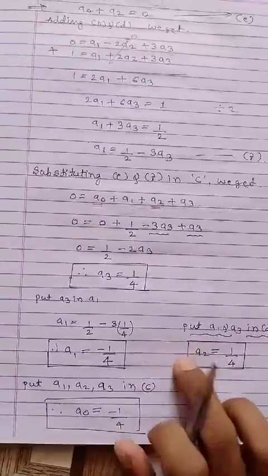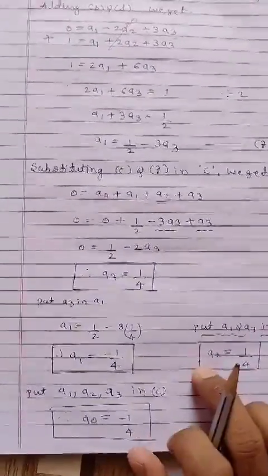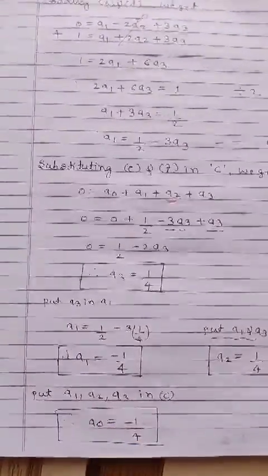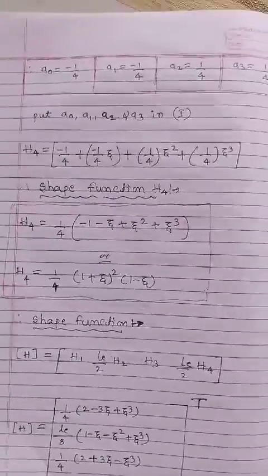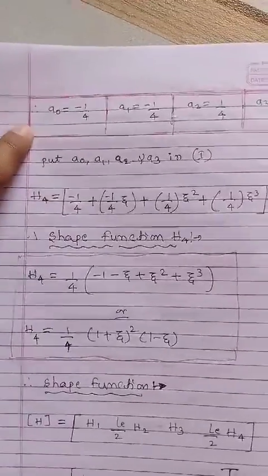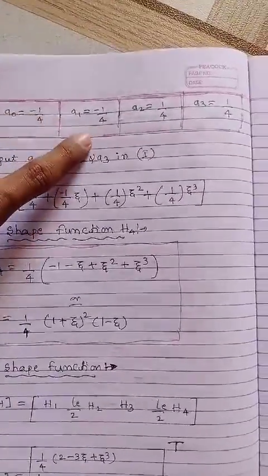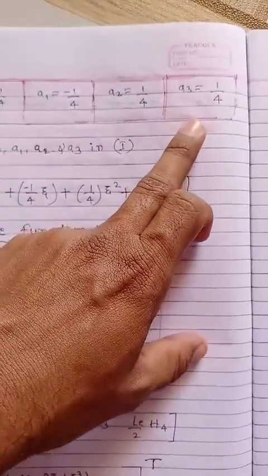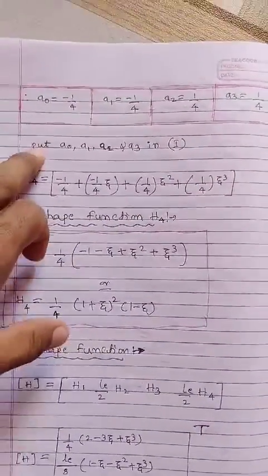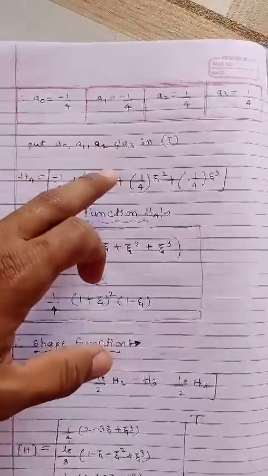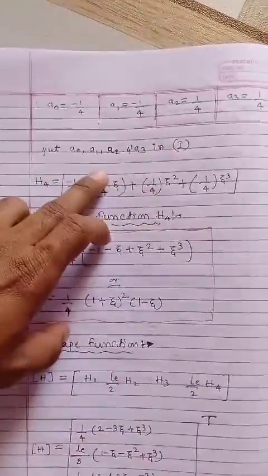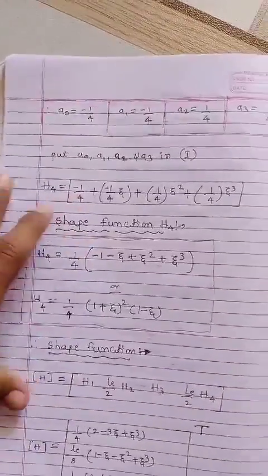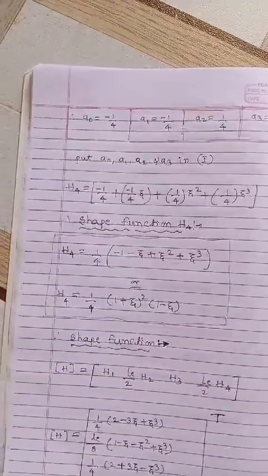Put A1, A2, A3 in equation C, and we get the value of A0. So now I got the final values: A0 is minus 1, A1 is minus 1 by 4, A2 is 1 by 4 and A3 is 1 by 4. Put all the values A0, A1, A2, A3 in the Roman 1 equation, wherever you got the values.